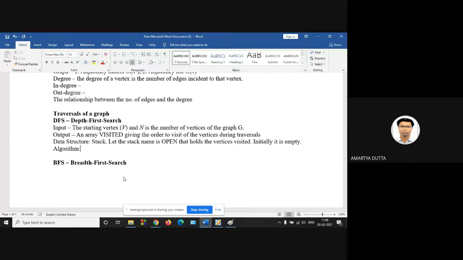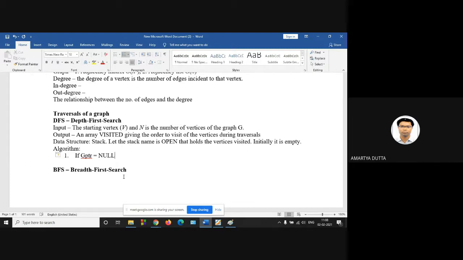So the algorithm's first step. Step number 1: if GPTR is equal to null. What is GPTR?